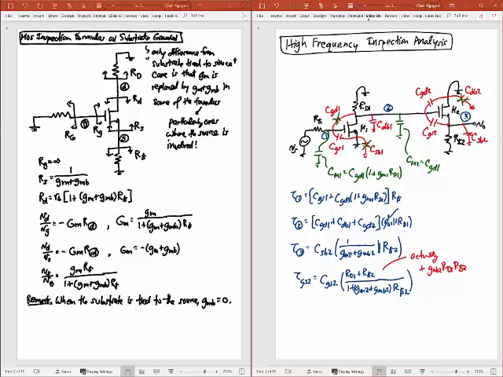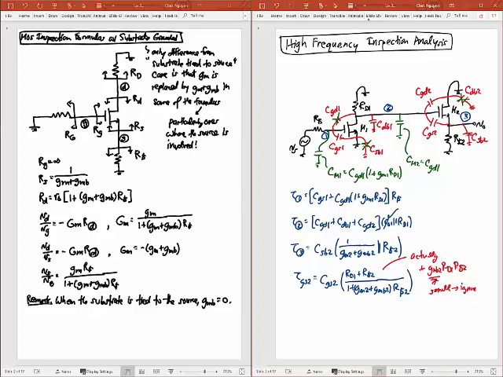But GMB is small, so in many cases we just ignore this. But there really is that term if you wanted to go through and actually derive this equation. That term does exist there. But we're ignoring that for now.